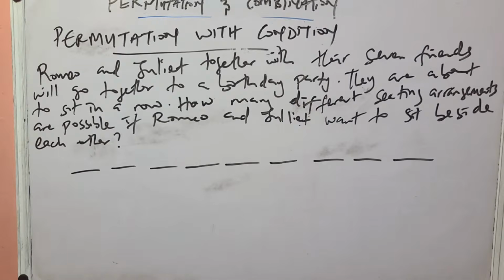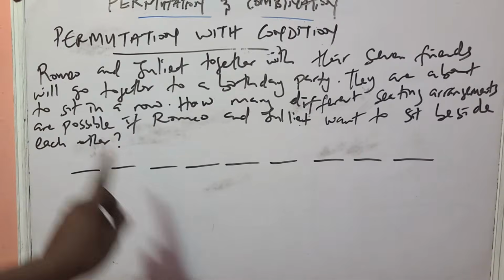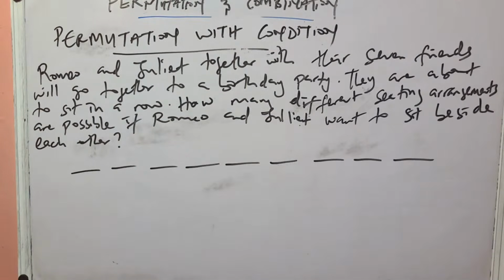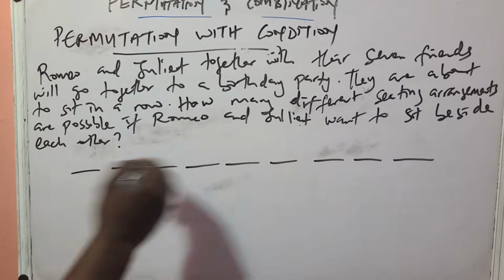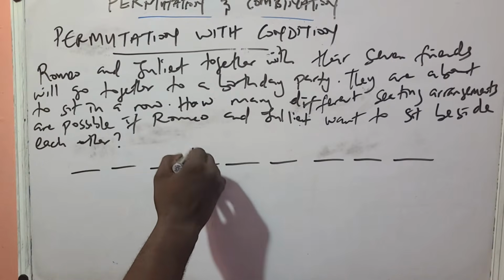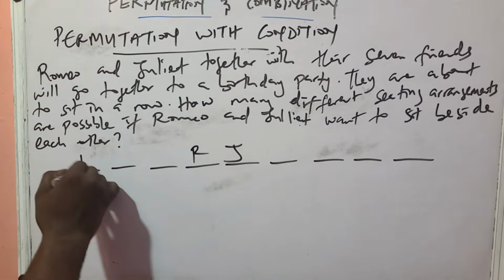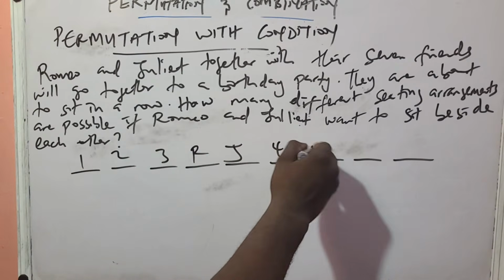When you have a question that says 2 people must be seated side by side, or 2 people must be close together, you know one thing you do when you are dealing with permutations or such situations: you will take those 2 people as one. So now, look at it. Let me just act like Romeo and Juliet were here, and this is 1, 2, 3, 4, 5, 6, 7.